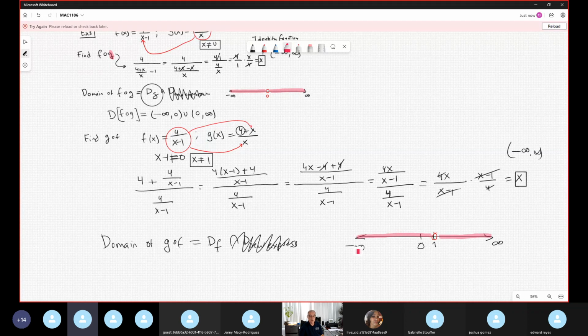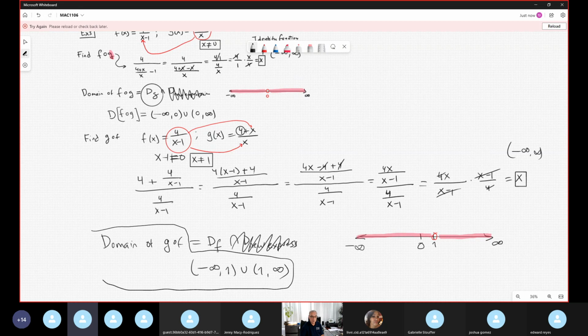Therefore, the domain of g composition f is from negative infinity to 1, union 1 to infinity. Boom. Final answer. This is the domain of this and this order, and this order is not necessarily the same.